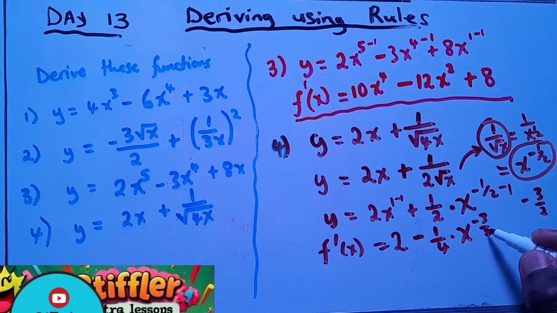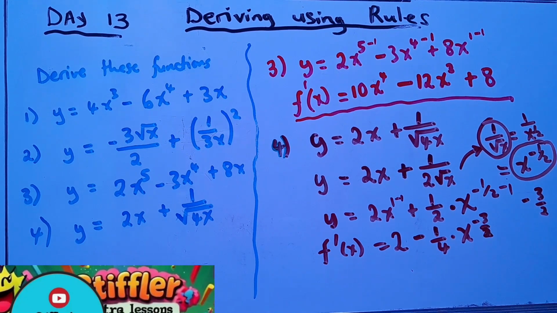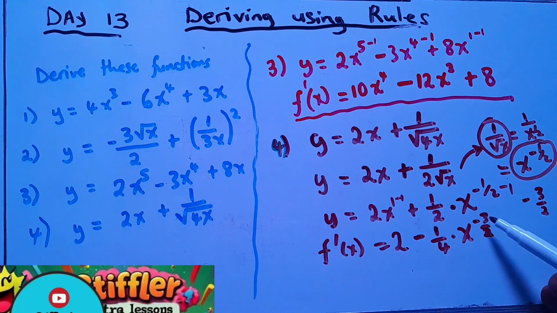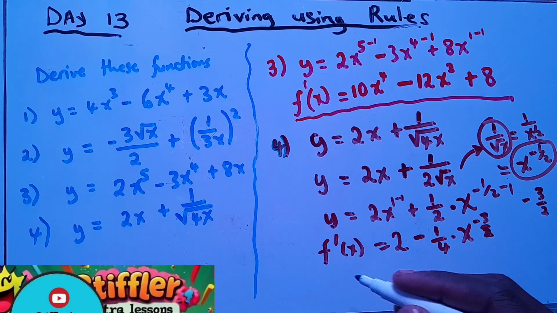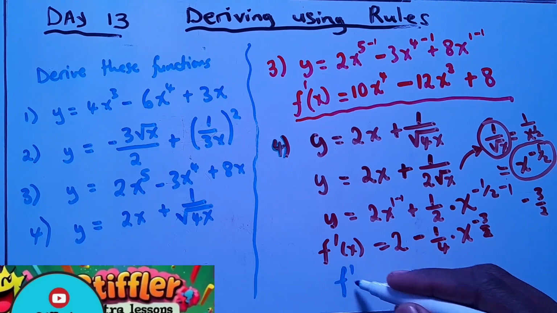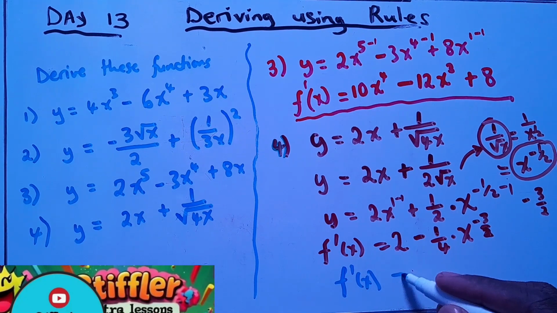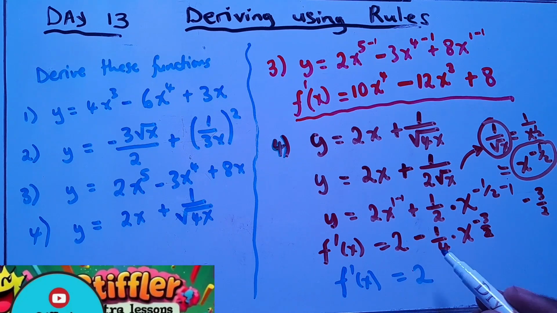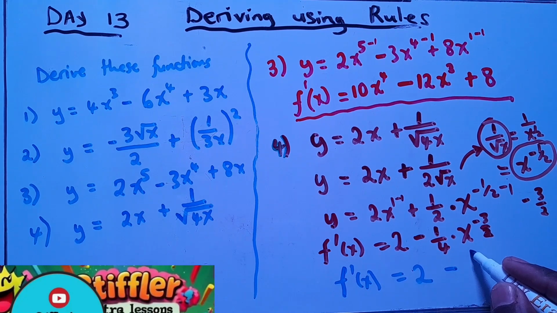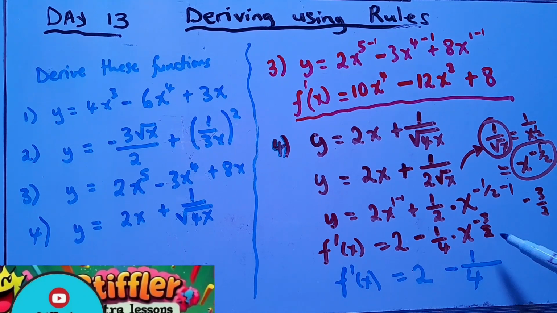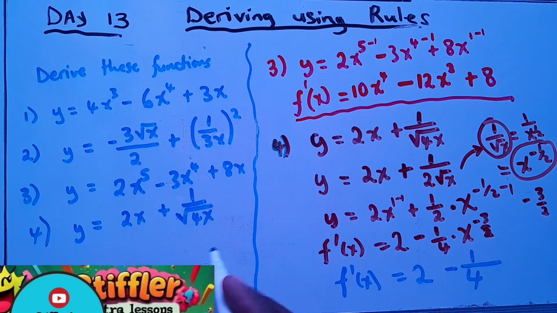As I said, when you're at this stage, you are done, but you kind of want to put this in a positive exponent. So to put that in a positive exponent, we are going to say our f prime x is the same as 2, and this is negative 1 over 4, right? And taking a look at this, this is the same as, let me just write it here.